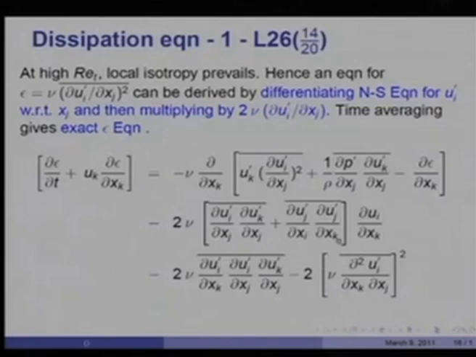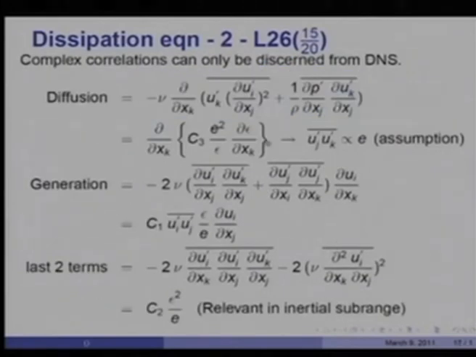Well, that has been done by looking at computations of direct numerical simulation, so the diffusion term apparently can be modeled as d by dxk into C3 times E square by epsilon d epsilon by dxk, in which uj dash uk dash has been taken proportional to E, and this is an assumption in this modeling.